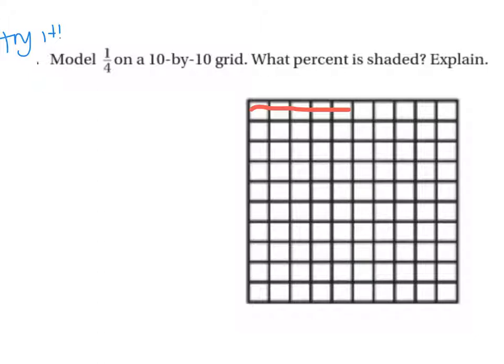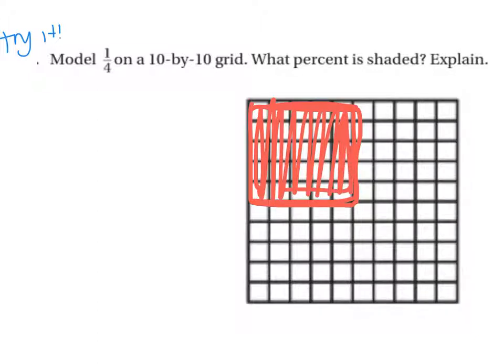So if I color in, all right. Yeah, that's okay. And so then when I color all of those in, that's 1/4 of the grid. And if I count up those boxes, 1, 2, 3, 4, 5, and 1, 2, 3, 4, 5, 5 times 5, it would be 25%.